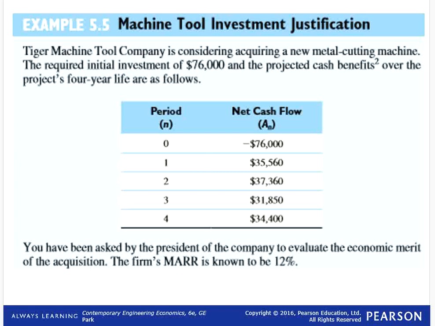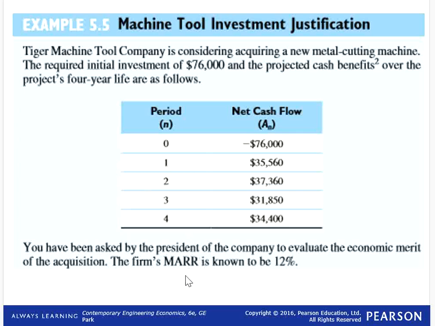The Tiger Machine Tool Company is considering acquiring new metal cutting machines with an initial investment of 76,000, which is minus, and these are the benefits which we will get over the project's 4-year life. They are given, and the president of the company has asked you to evaluate the economic worth of this acquisition.